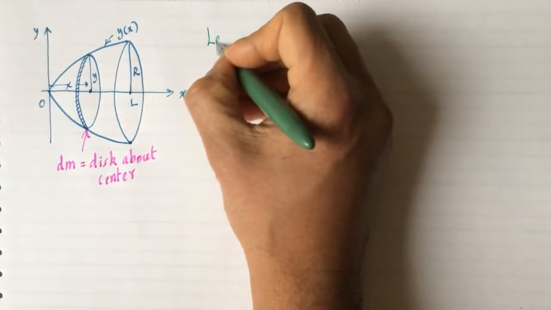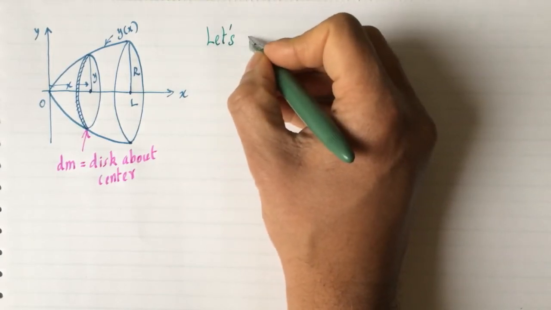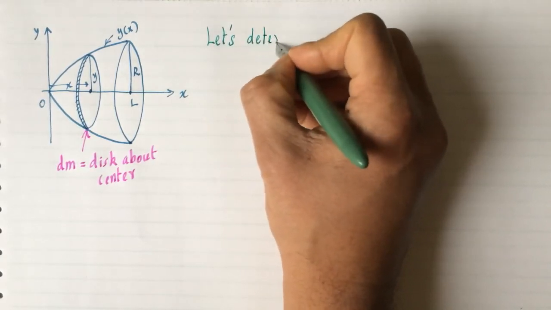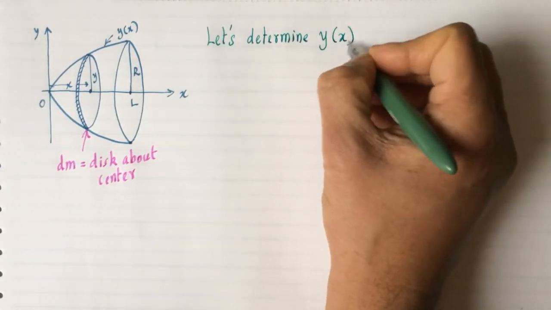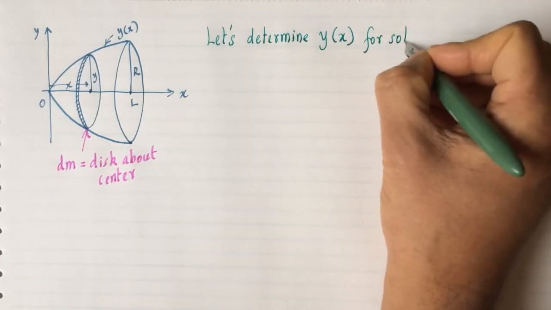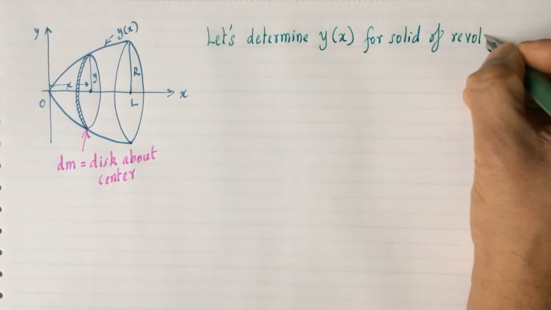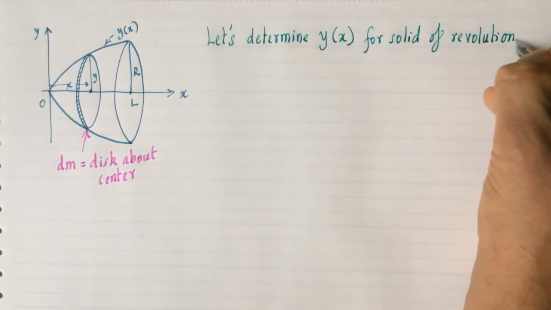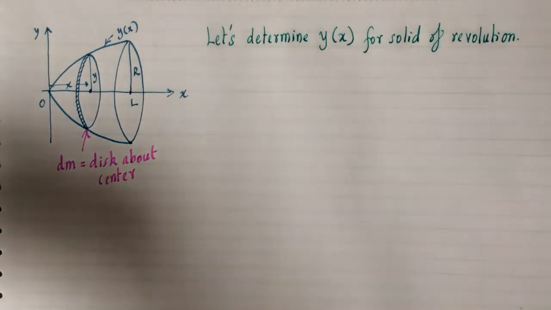So the first step, we're going to mimic all the steps for the laminar case. Let's determine the y of x for the solid of revolution. Last time we equated the dm from the 2D perspective with the dm of the 1D perspective.